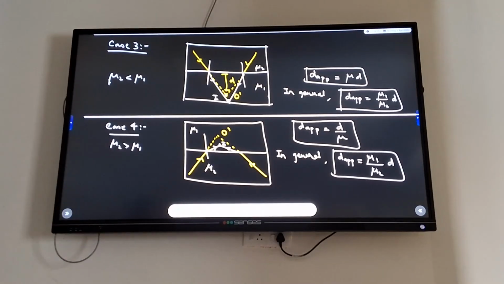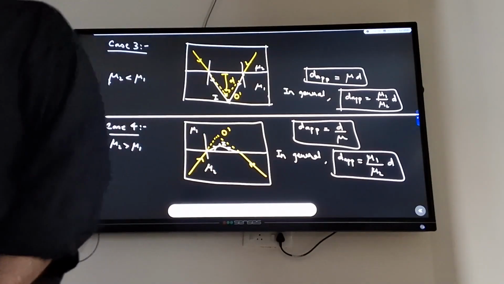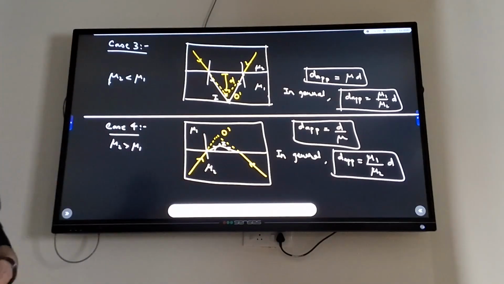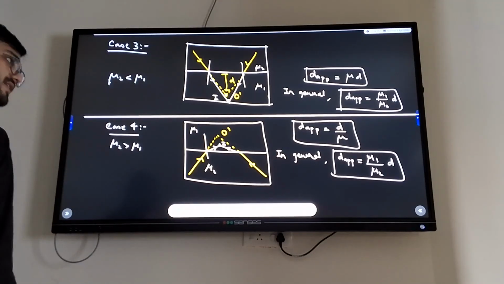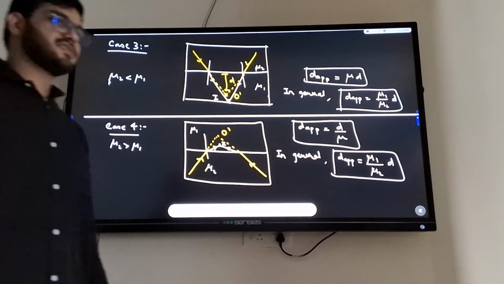There were 2 cases of real object and then 2 cases of virtual object. And did you see that every time you take a real object, you are finding a virtual image, never a real image? And if you take a virtual object, you are finding a real image every time. Sort of like a mirror.